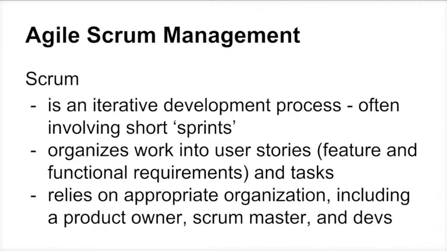Quick review, it's an iterative development process, often involving short sprints, typically 2 to 3 weeks, I guess. Work is organized into features and functional requirements that are called user stories, and those are broken down into particular tasks for the developers primarily. Obviously, the developers should be involved in all this organization work, and it relies on appropriate organization, including a product owner, Scrum Master, and devs.